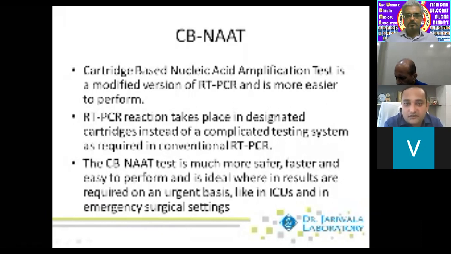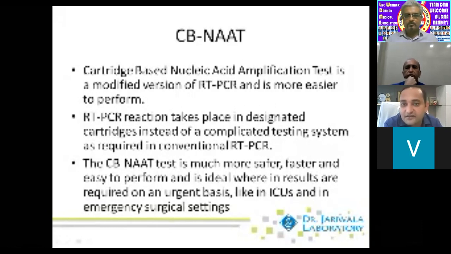Now, CBNAT is nothing but RT-PCR, but it happens inside a small cartridge, which I have in my next slide. It uses a very small instrument and a very small cartridge. So instead of the amplification of the RNA happening in a big room with different chambers, this can happen on a desktop, on a 2 by 2 feet table.